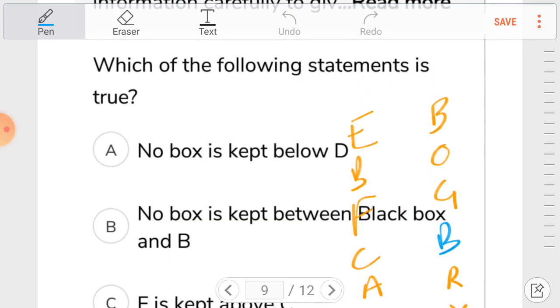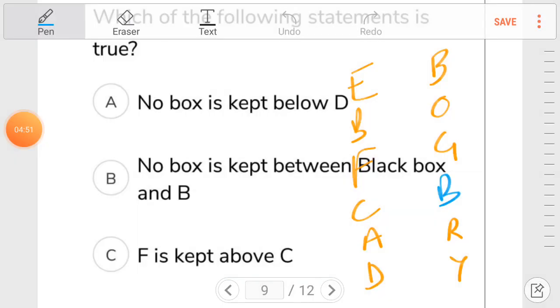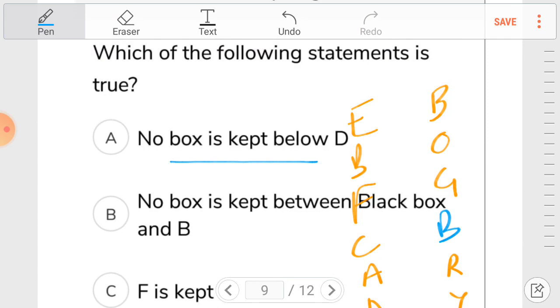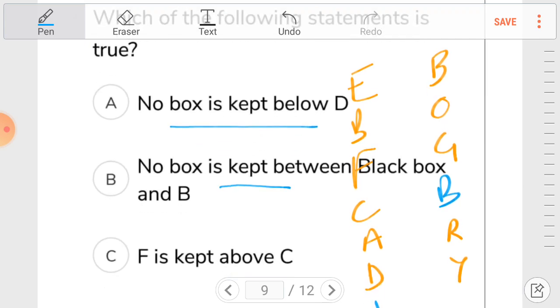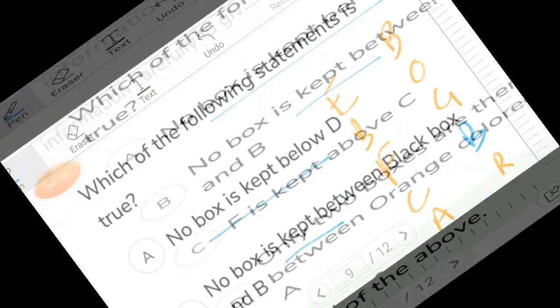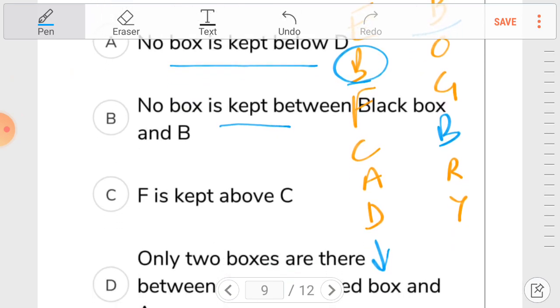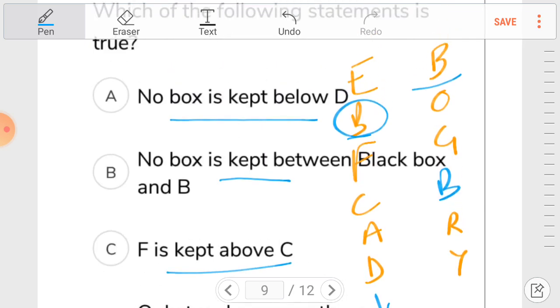In the next question, which of the following statements is true? In statement A, no box is kept below D. So there is no box below D. In option B, no box is kept between the black box and B. So this is the black box and this is block B. There is no box between the black box and B. F is kept above C. F is above C. It is also correct.